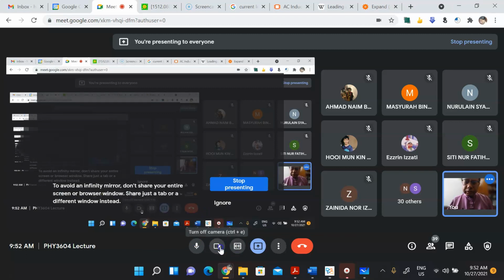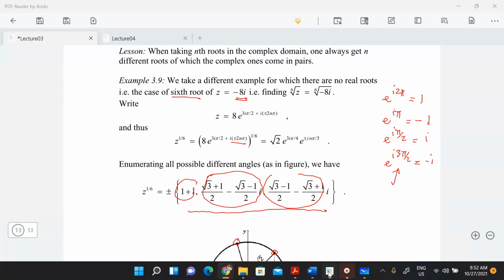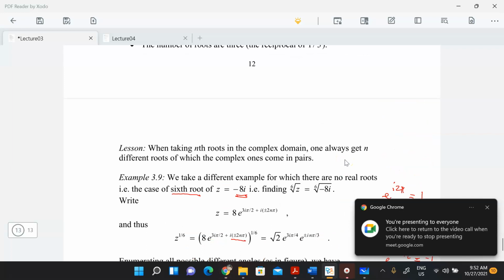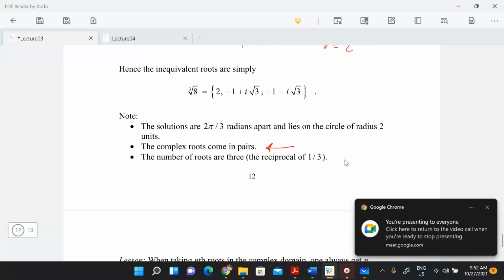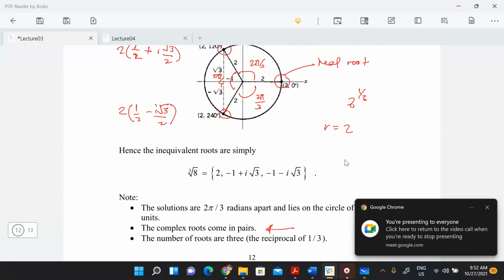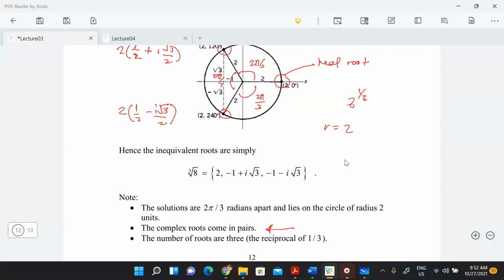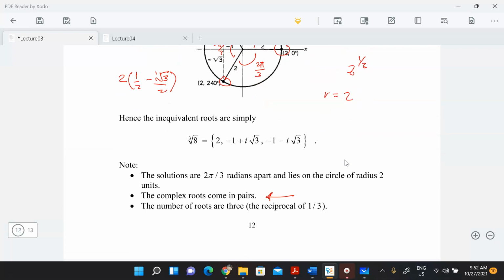Maybe I should shut off my video. Scroll one more time, the lecture notes earlier. I've done this, right? Actually I've only reached page 12. After page 12 it suddenly disconnected.